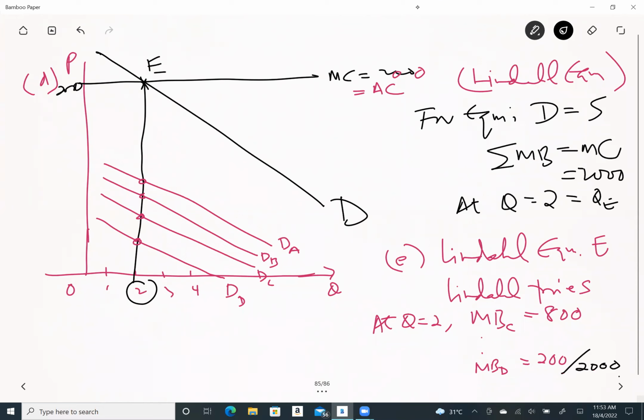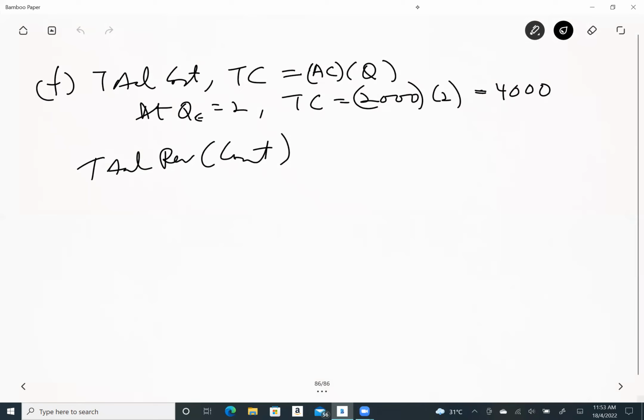So the sum of the marginal benefit for 1 unit is 2,000. Now you have 2, so you just multiply 2,000 by the Q. Total revenue contribution is equal to the sum of the marginal benefit at equilibrium, multiplied by Q.